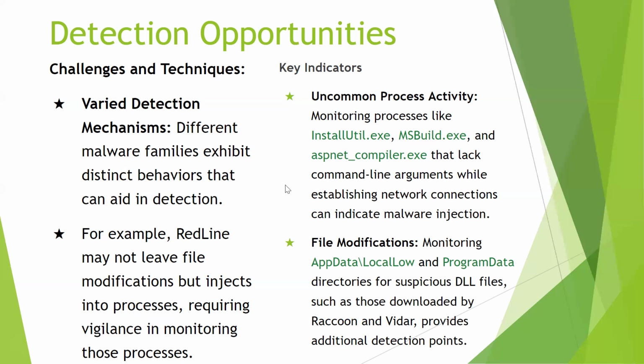The key indicators of compromise could be uncommon process activity. For example, you could monitor processes like InstallUtil.exe, MSBuild.exe, and the ASP.NET compiler. These processes normally require execution using command line arguments, so if you see such a process being executed without command line arguments, you should ask yourself questions.